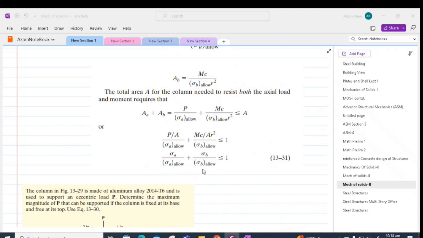The σ_A allowable is the axial stress given by the formulas which we discussed in MOS 1. σ_B allowable is the bending stress normally supplied by the codes.